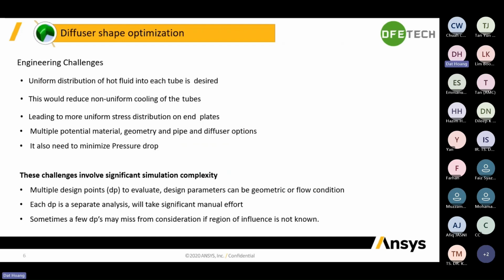It includes achieving uniform distribution of the hot fluid into each tube, which means we want uniformity of the flow. And we want to reduce the non-uniform cooling and stress distribution on the end plate. And also we want to minimize the pressure drop. So for all these things we need to consider a lot of design options, or what we call design points. And evaluating every single design point takes a lot of time.